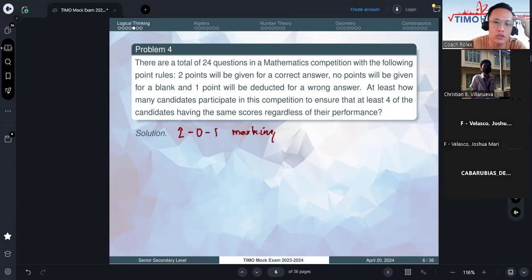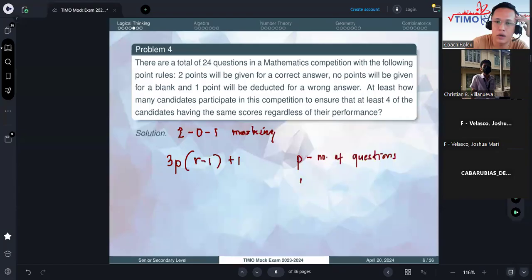All you have to do is to use this formula: 3 to the power of p times (r minus 1) plus 1. P is the number of questions.